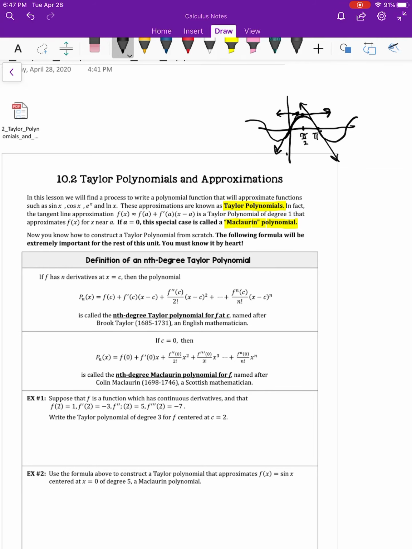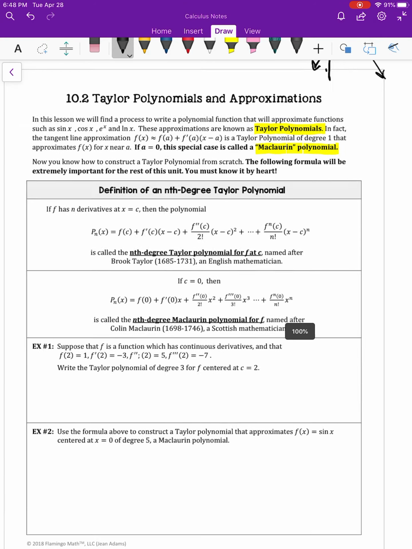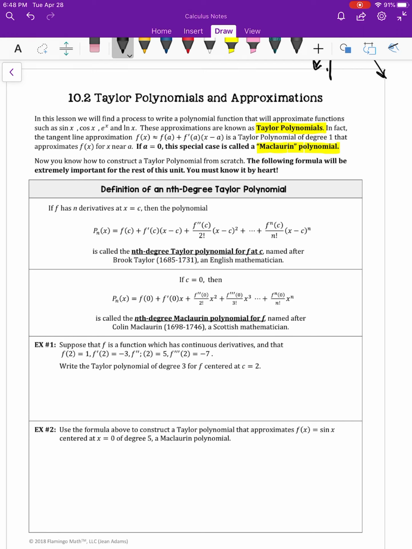The following formula will be extremely important for the rest of this unit, and you must know it by heart. Definition of an nth degree Taylor polynomial.